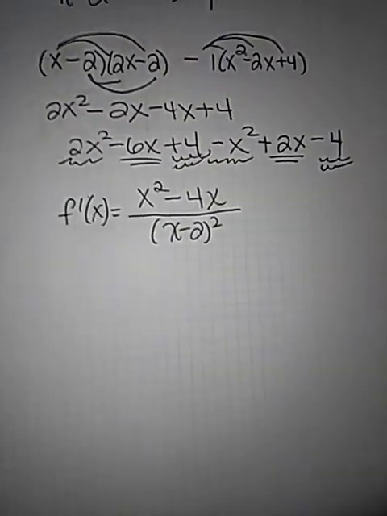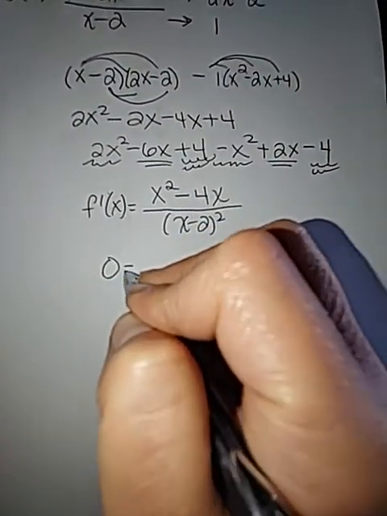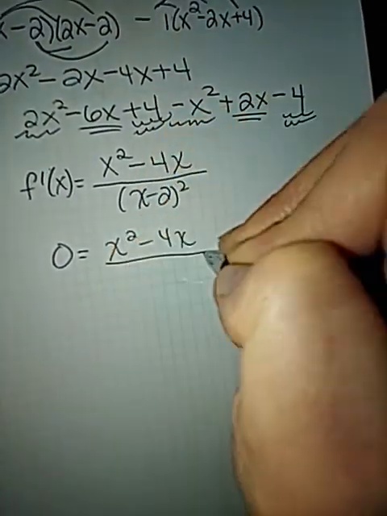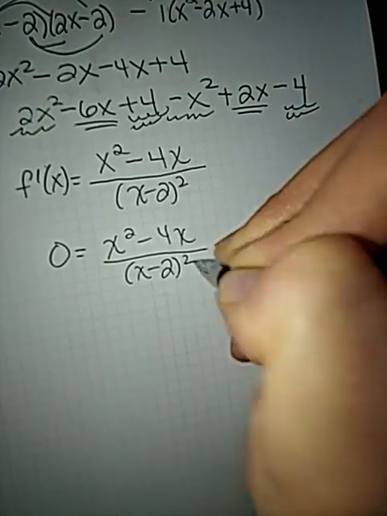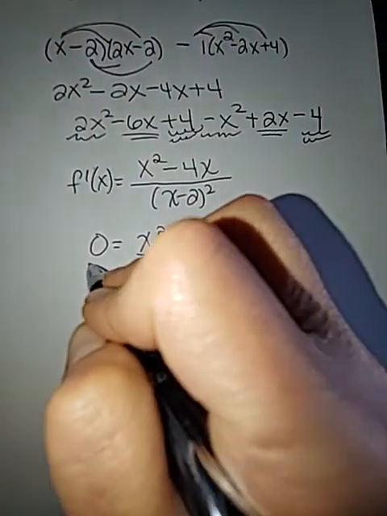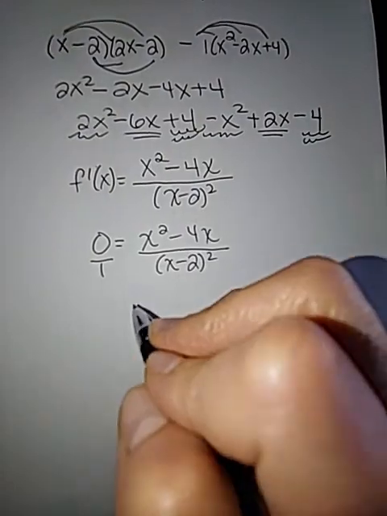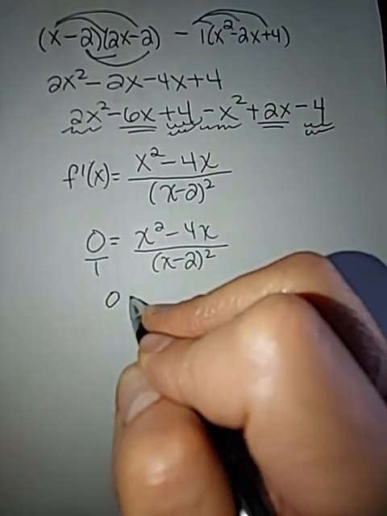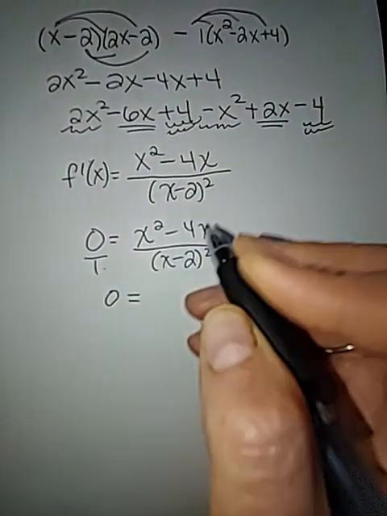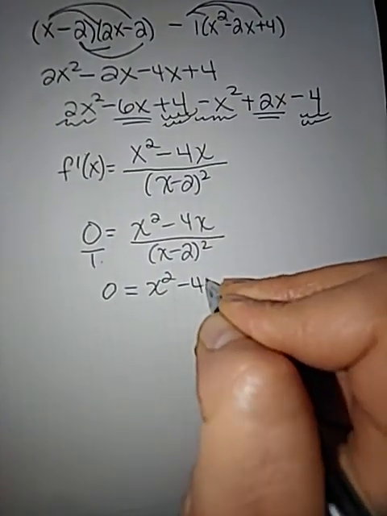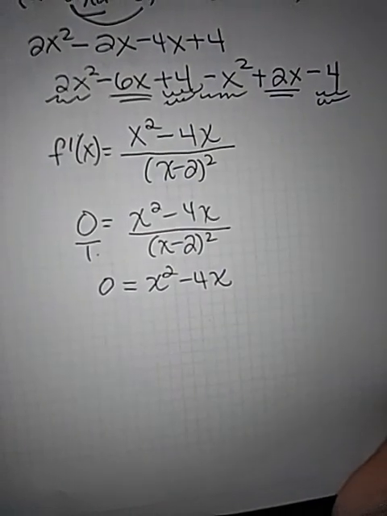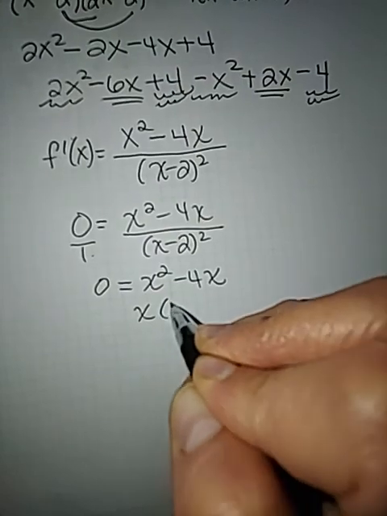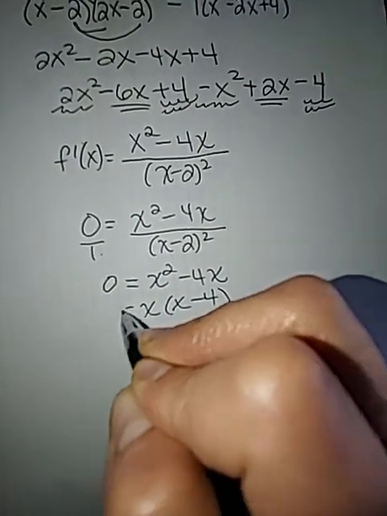Okay, so now to find my possible critical values, I'm going to set that equal to 0. I'm going to put this over 1 and cross multiply. I get 0 times x minus 2 quantity squared, which is 0, and 1 times this is x squared minus 4x. I'm going to pull out an x. I get x times x minus 4 equals 0.